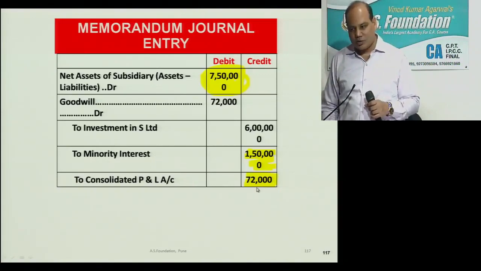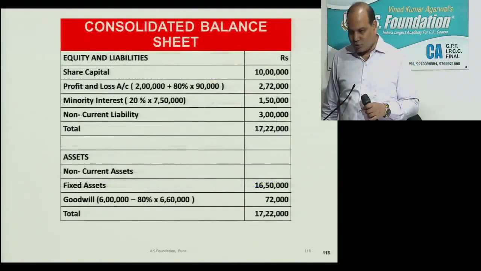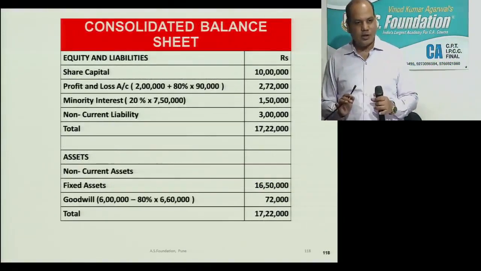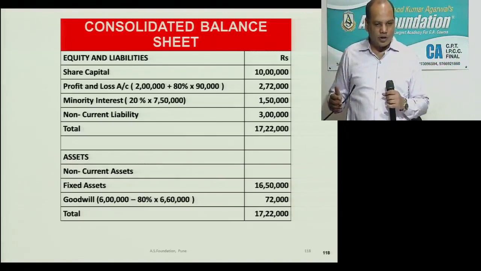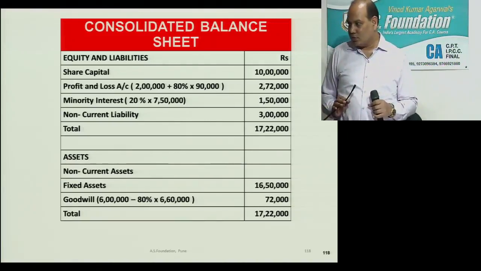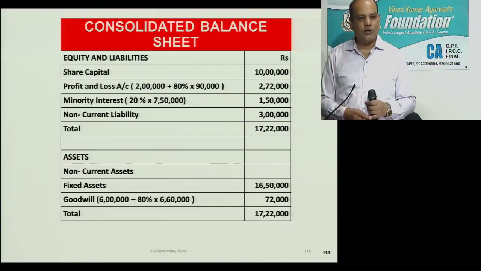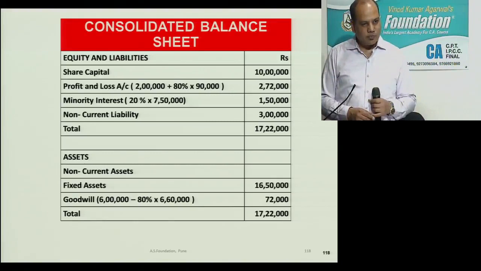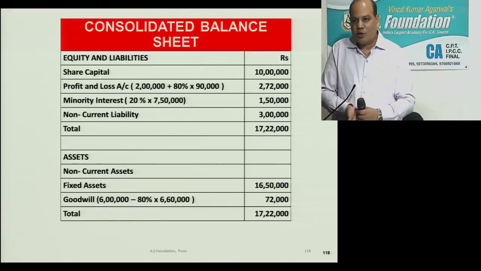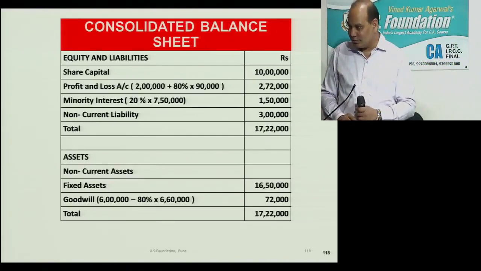That's it. Once you have understood these two questions, this is the basic of consolidation. Then the institute will give you some adjustments just to test your knowledge of accounting, but those are simple accounting adjustments with nothing to do with consolidation. This is consolidation. That's it.